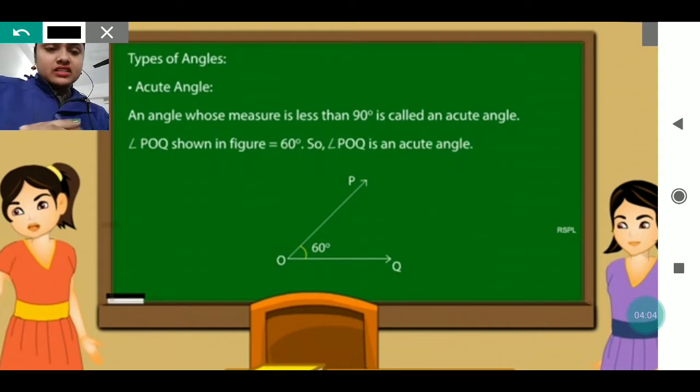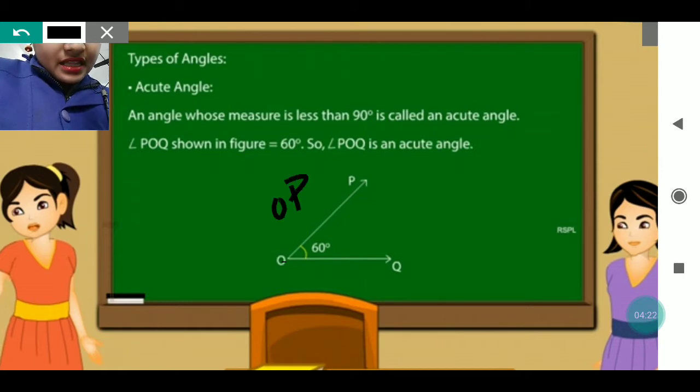Suppose I have drawn two arms, two rays which have one fixed point. You can see one ray is OP and one ray is OQ. These are the two rays I have drawn.